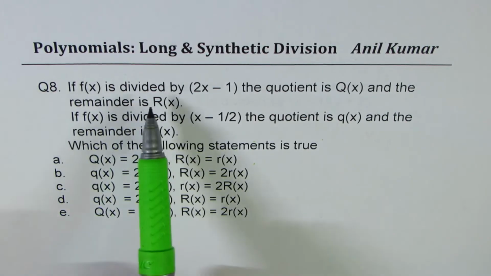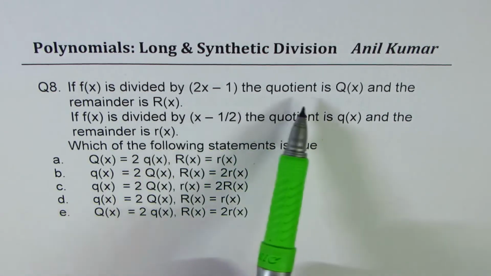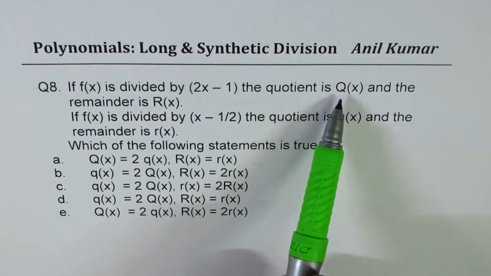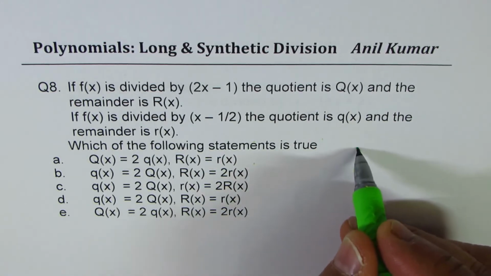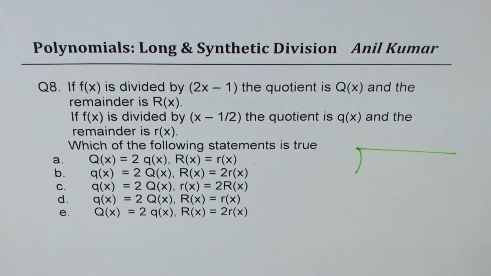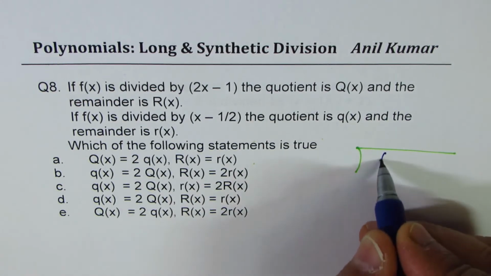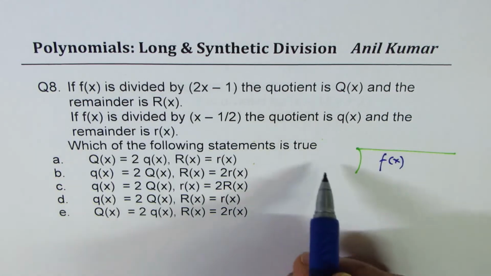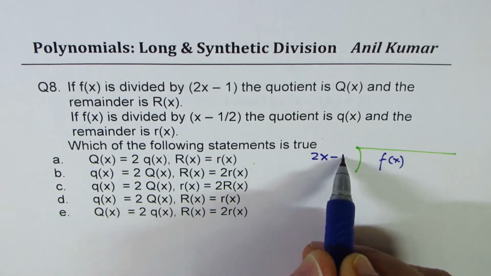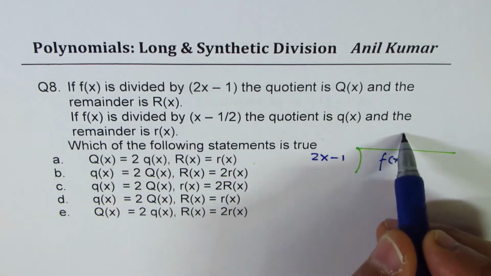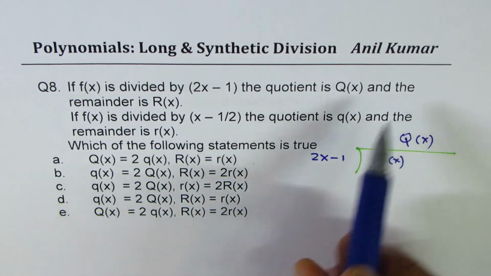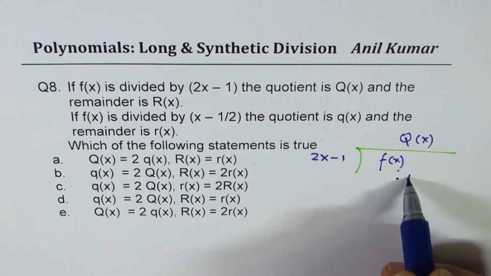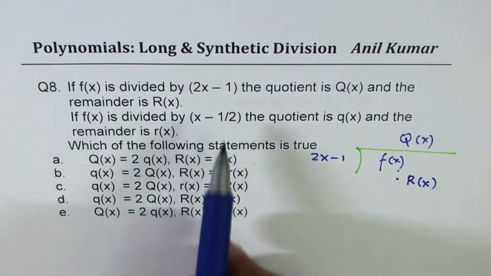If f of x is divided by 2x minus 1, the quotient is q of x. So think like this. What we are doing here is we are dividing the function f of x by 2x minus 1, and we get a quotient q of x and the remainder is r of x. Is it okay?